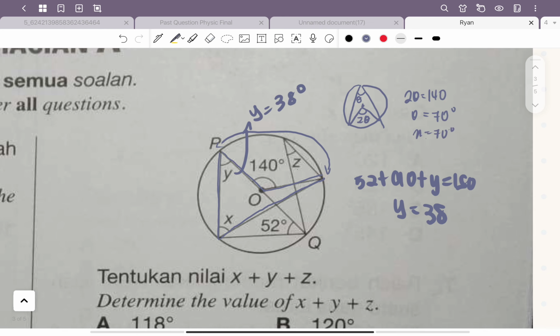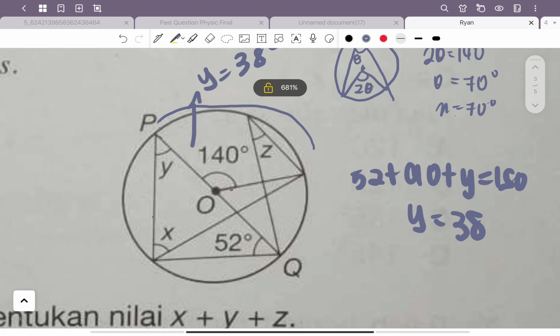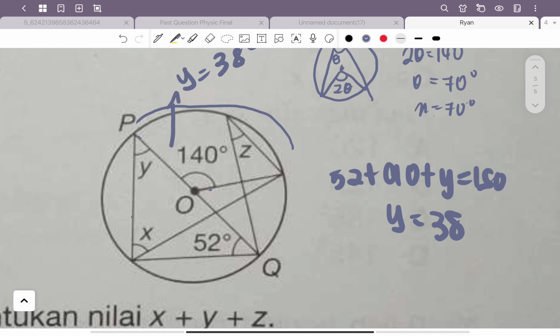So now you need to find the value of z. For this one you might get confused because what you can see here is this part and then this part. So you can determine the value. And then you also have this part right here.